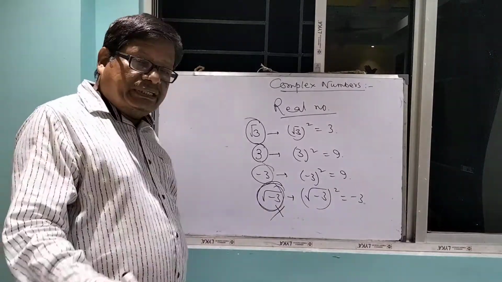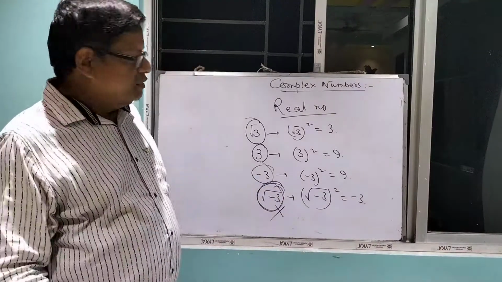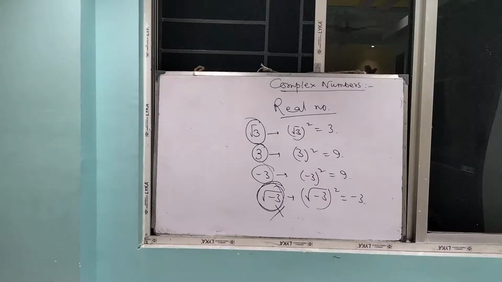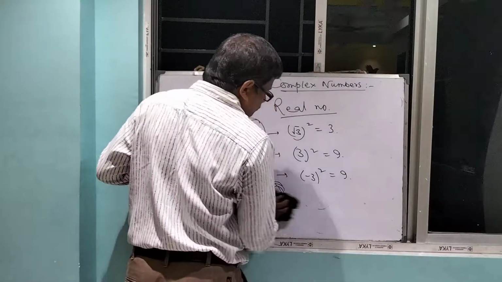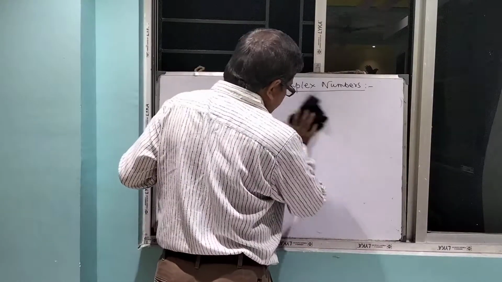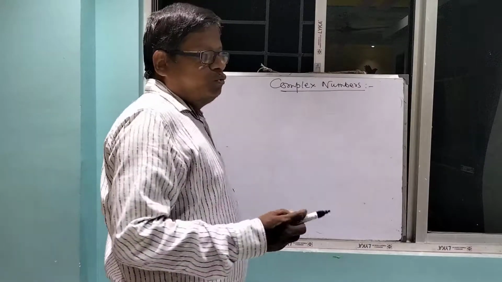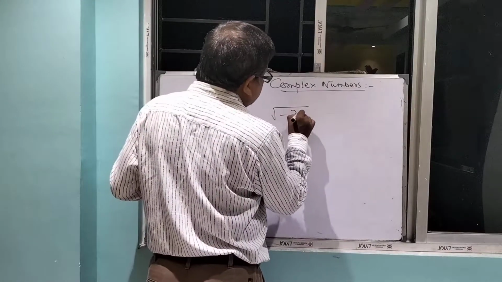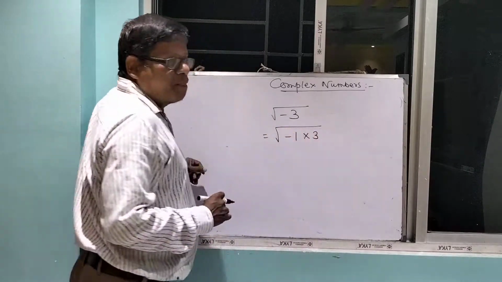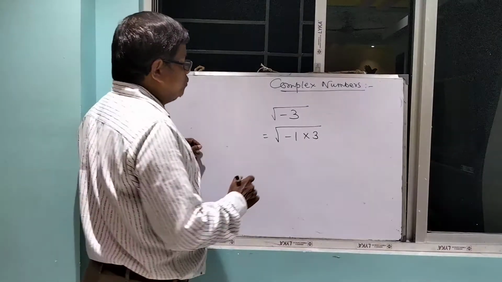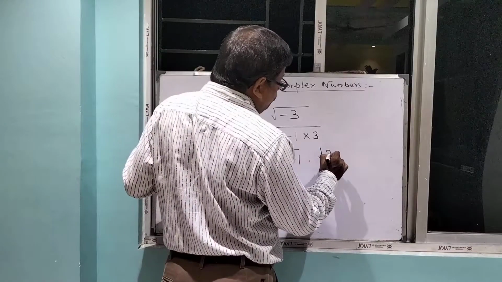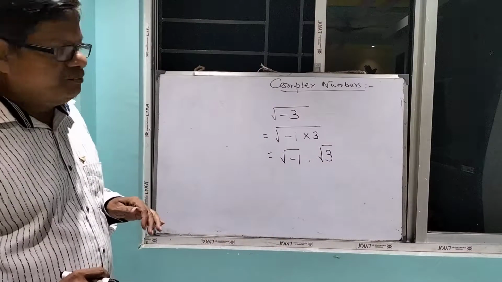Then what type of number is it? Look here: root under minus 3. We can write it as minus 1 into 3, so minus 1 into root over 3.